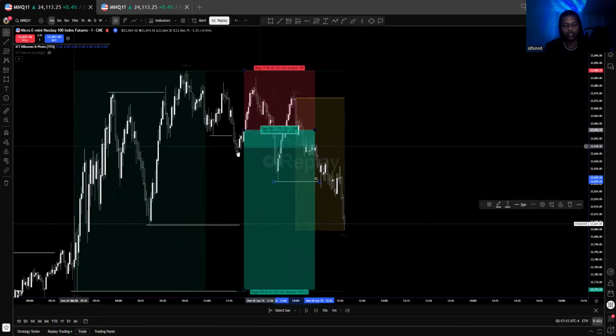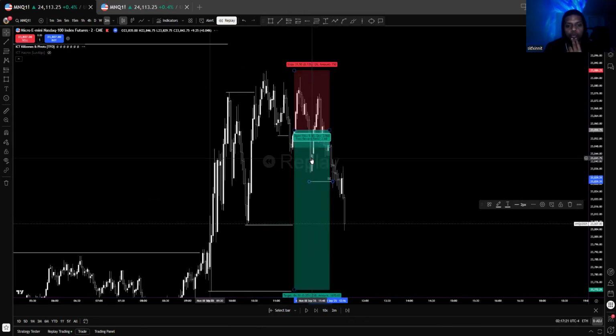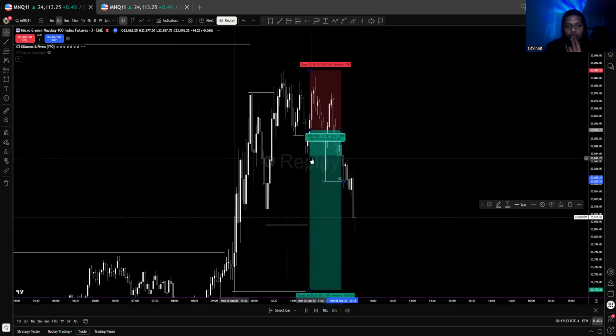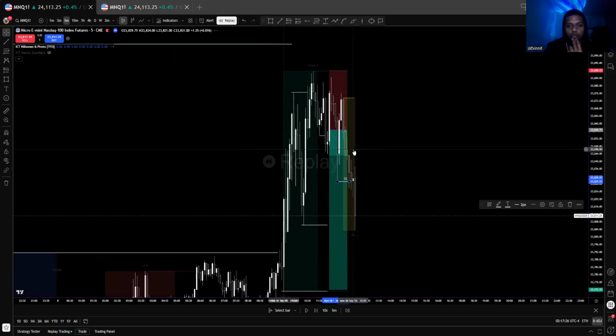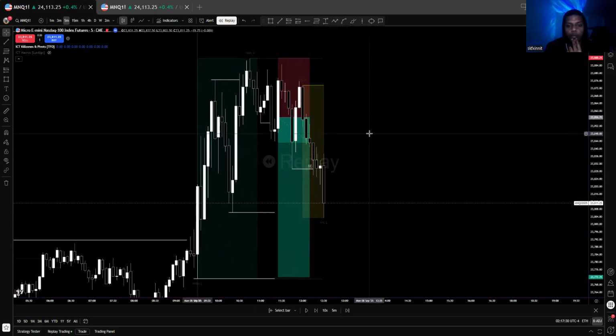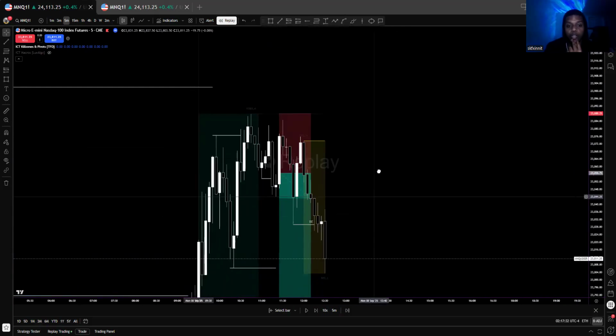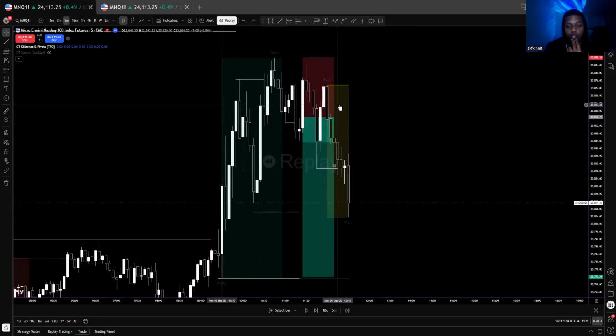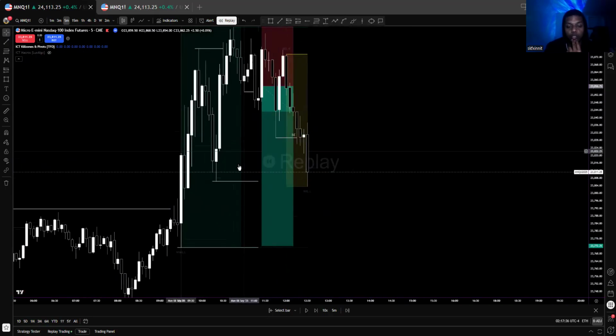So that's another inverse 5-minute fair value gap, which says order flow is bearish, and also an inverse 5-minute fair value gap, which says we are going down.